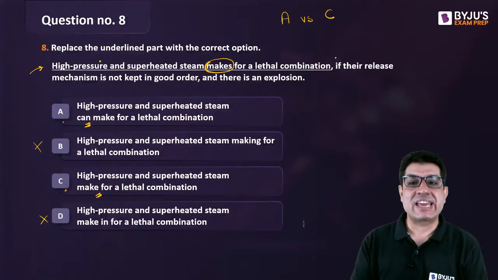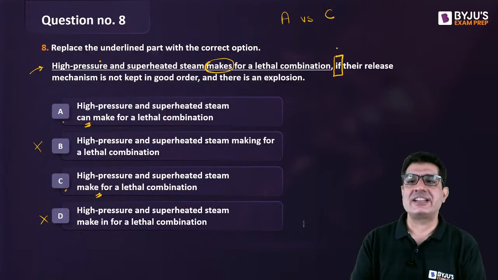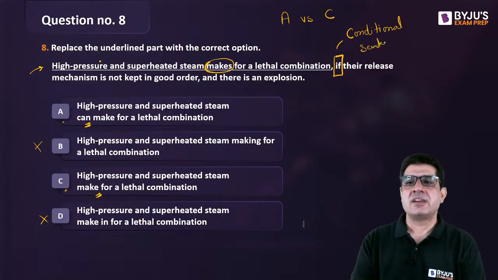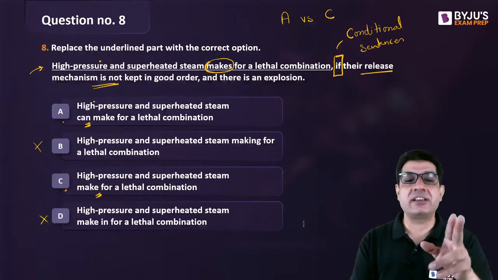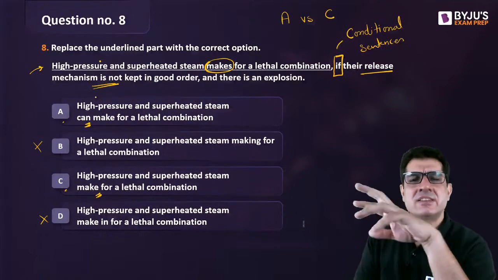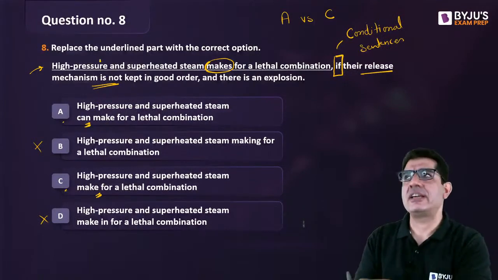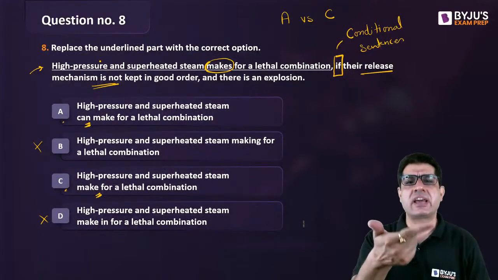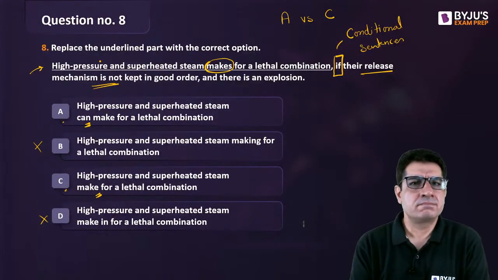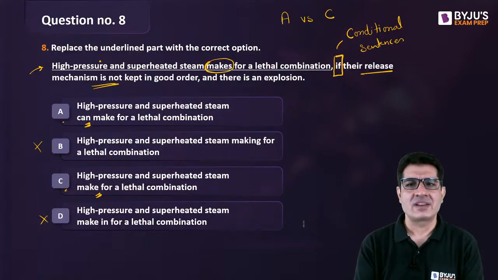Now let's focus elsewhere. This if tells me that it is a conditional sentence. And in a conditional sentence, if the condition is stated using present indefinite tense, then what should the other side have? The other side can have future indefinite, or the other side can have present indefinite, right?